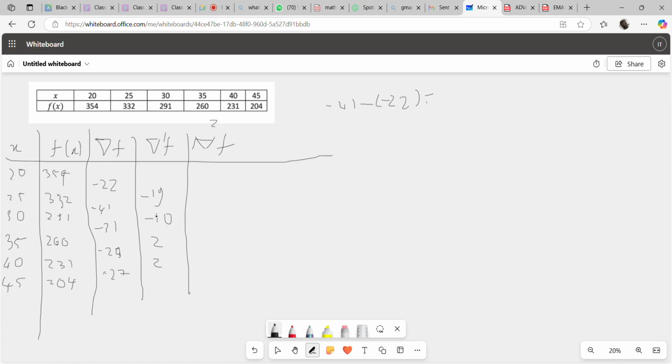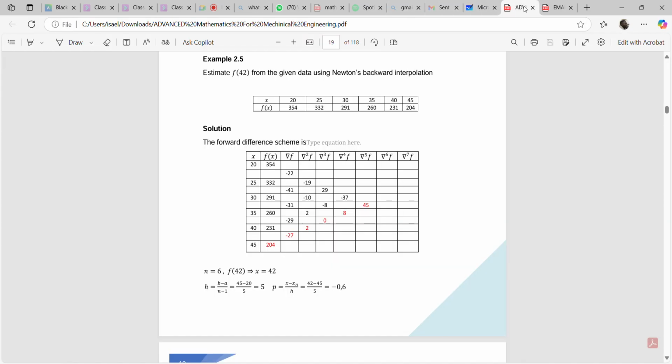Now you go minus 10, minus of the formula, minus 19. This should give you 9, if I'm not mistaken. Wait, what are we having? It's giving 29.